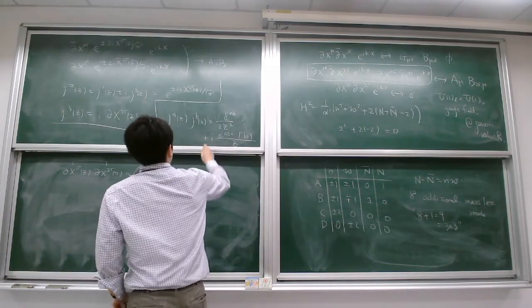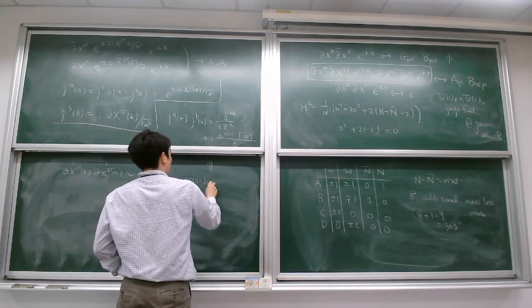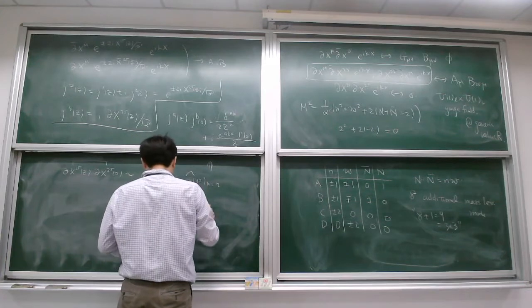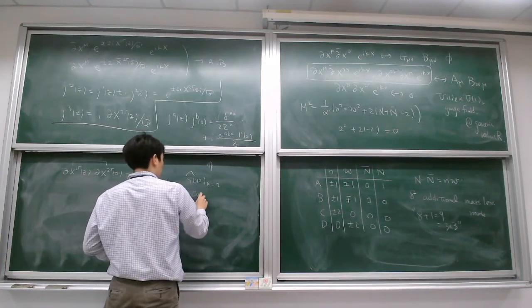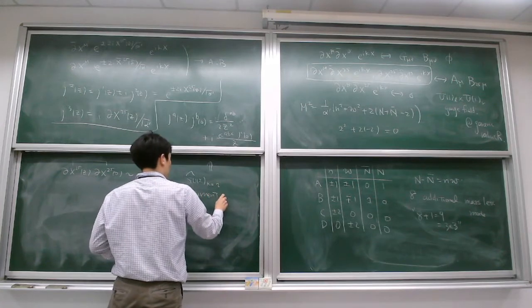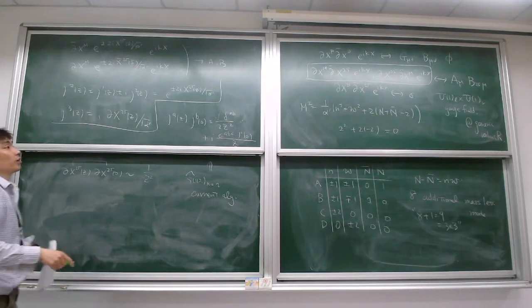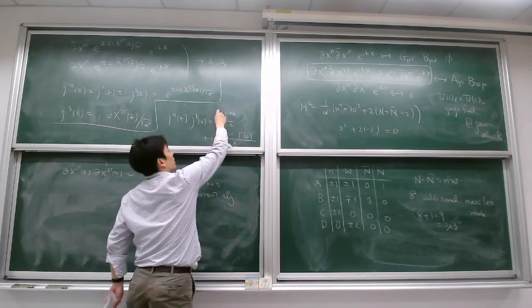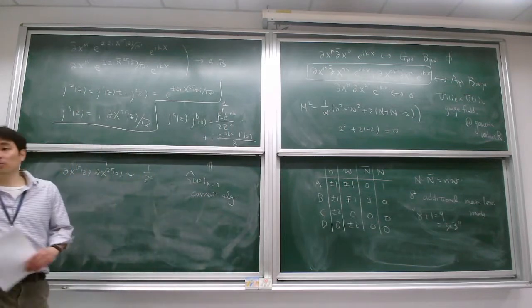And this one is called SU2 with level 1, the current algebra. For general K, that's why I call this K. K is equal to 1.